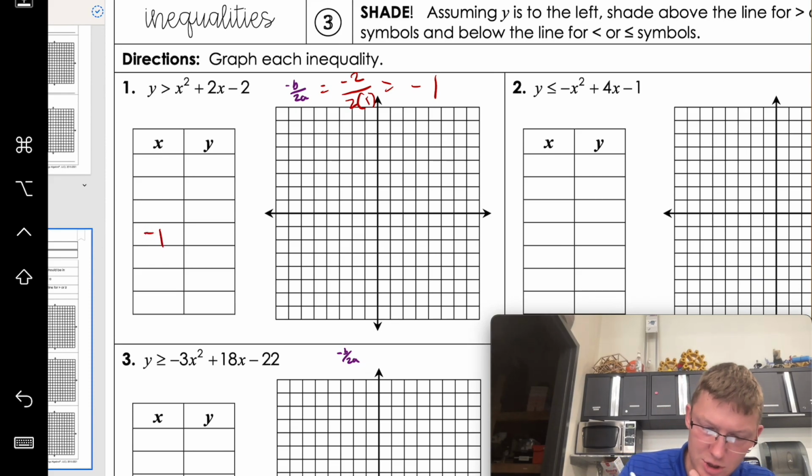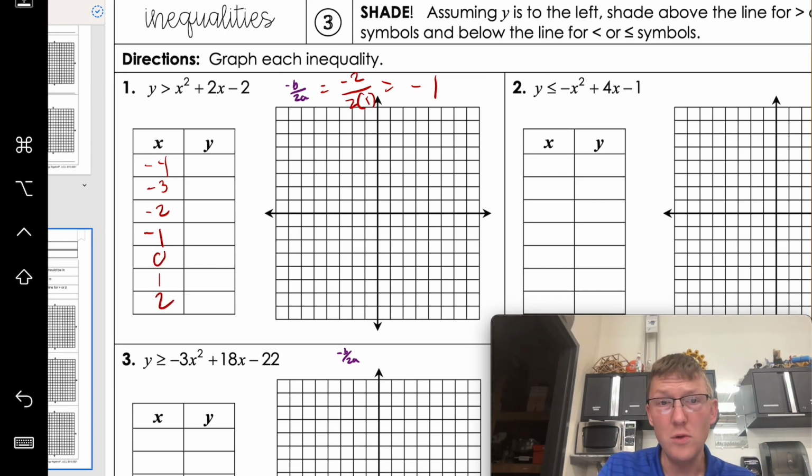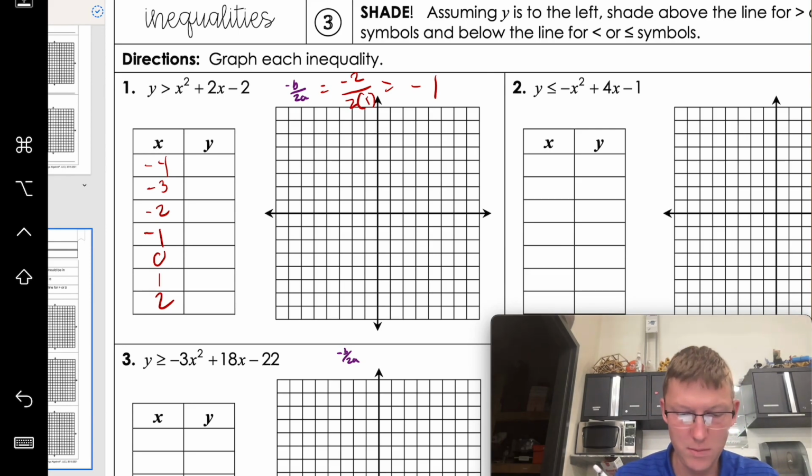So then I'm going to choose -2, -3, -4, -1, 0, 1, 2. I'm going to use my calculator, make a table so that I can get the values down real quick. We enter x squared plus 2x minus 2 in the y equals function, and then go to second graph.